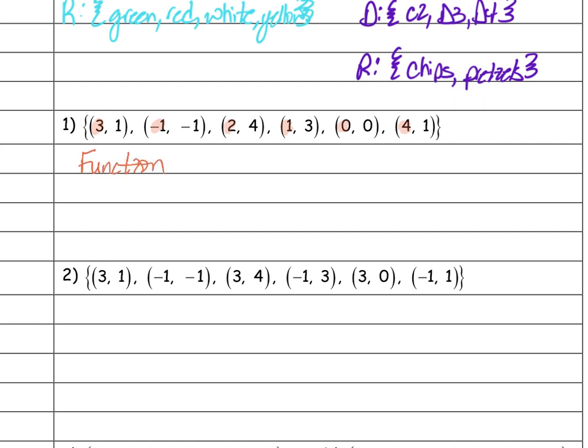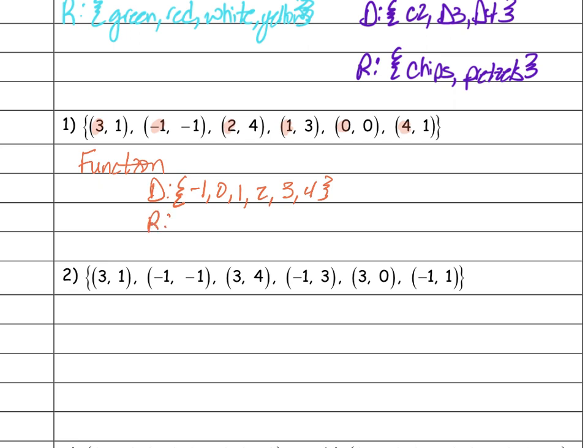Beautiful. And then I'm going to find the domain, which means I have to write it in order from least to greatest. So I think my smallest is -1, and then 0, then 1, then 2, then 3, then 4. Okay? Everyone okay with that so far?